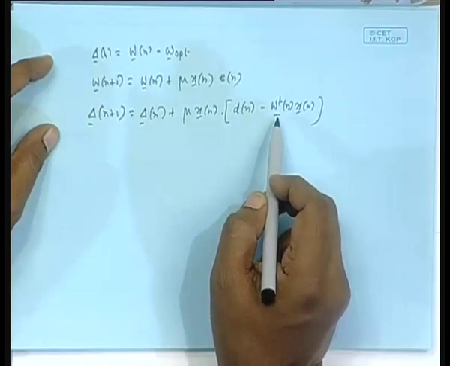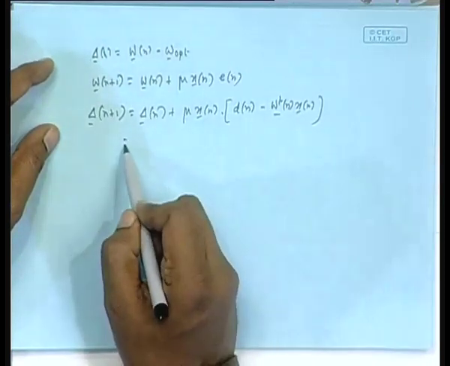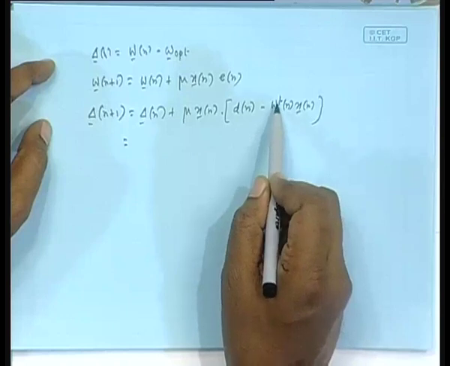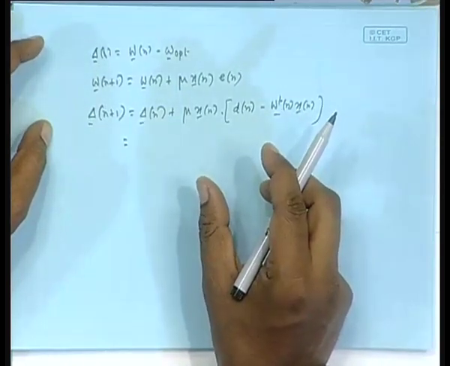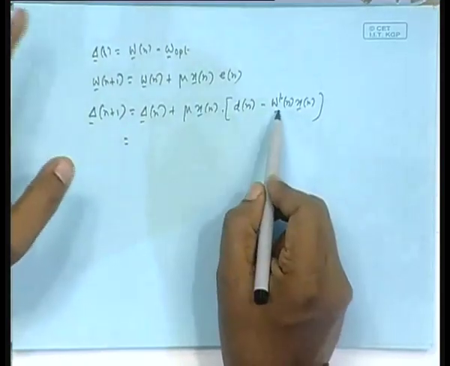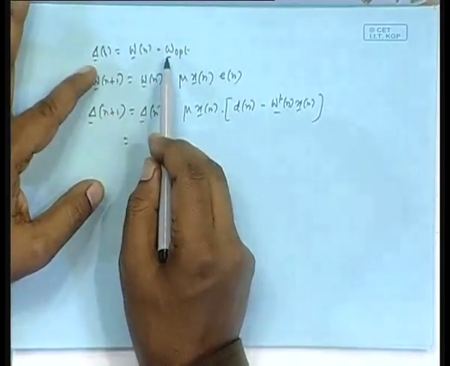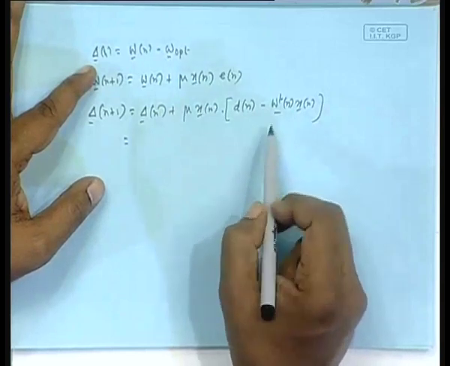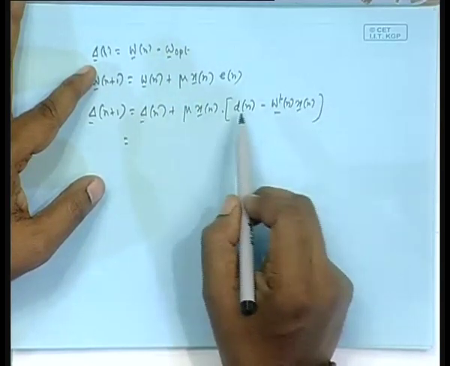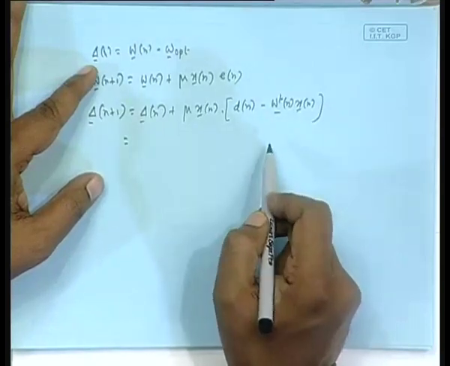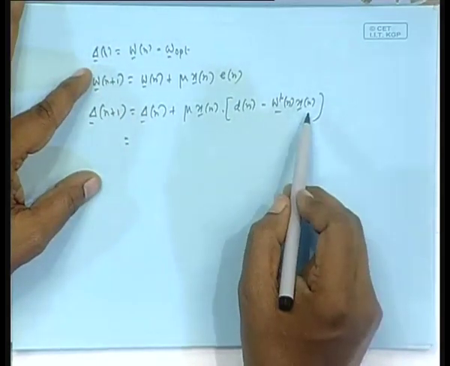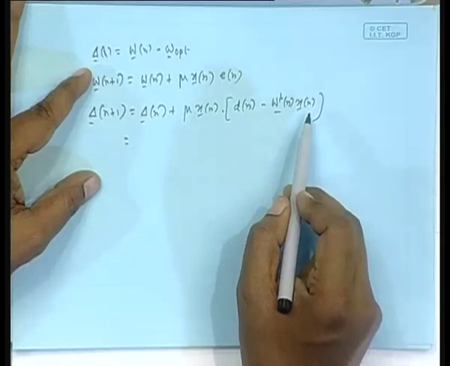You replace Wn as W opt plus delta here. Then there are two terms coming out of it. One is dn minus W opt transpose Xn, which will be the optimal error EO n. Another is minus delta transpose Xn.